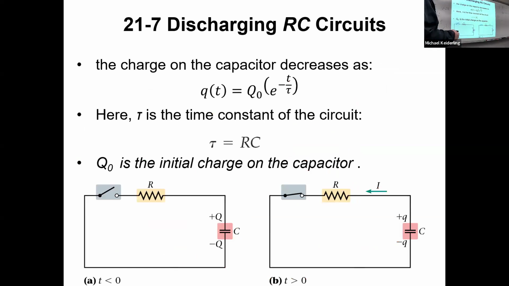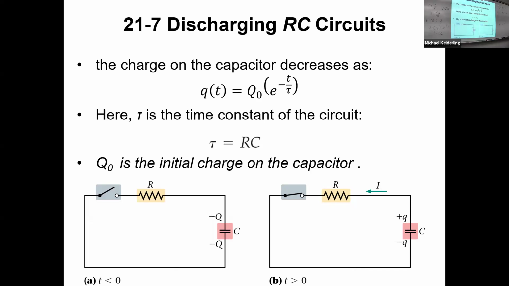So we talk about charging a capacitor. We can also discharge a capacitor. And this is charging a capacitor. Discharge the capacitor: Q of t just equals your initial Q times e to the minus t over tau.